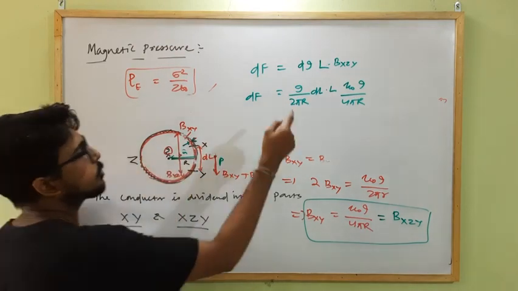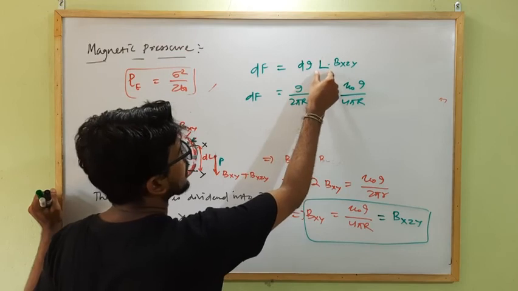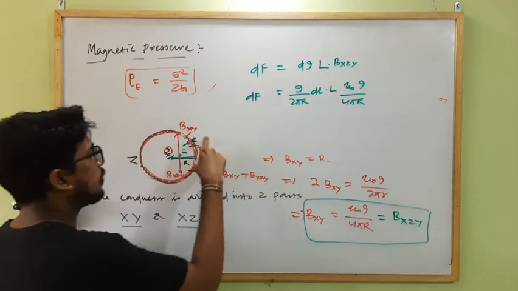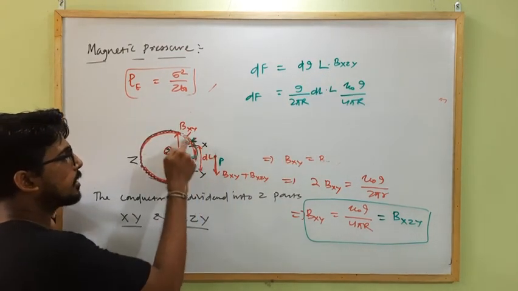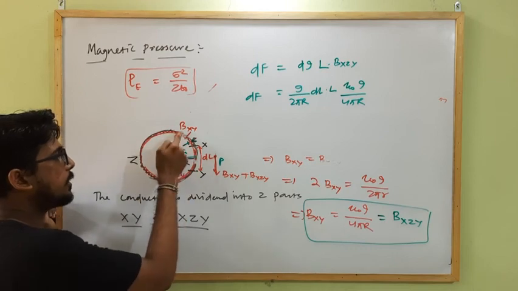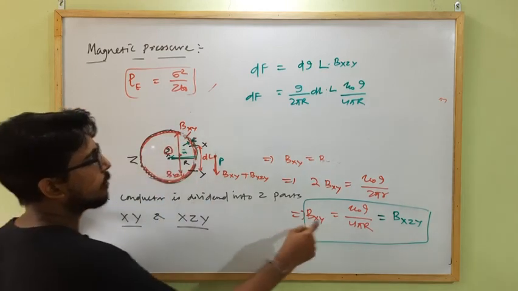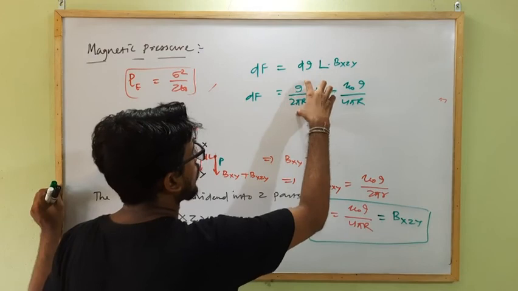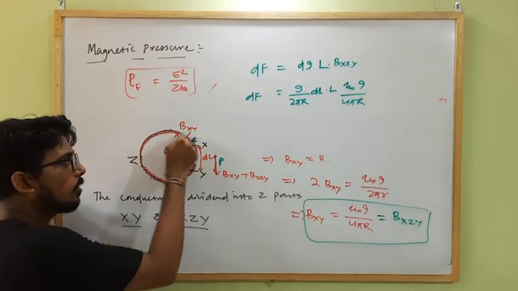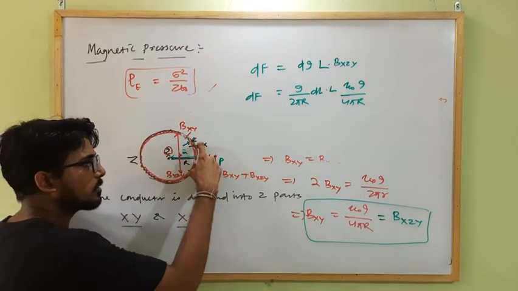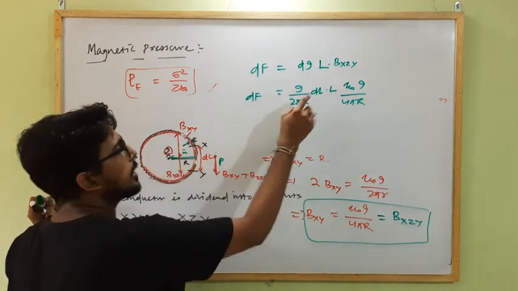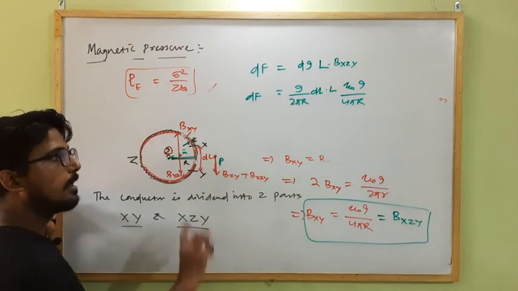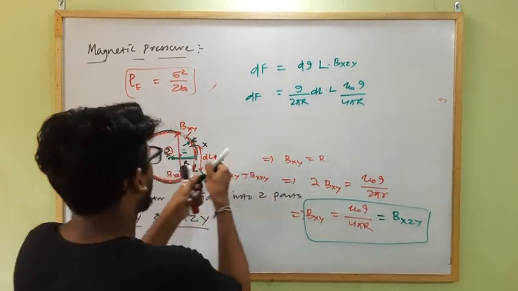So the force will be I times the length of the segment into the magnetic field within which it is present. So at this point the magnetic field due to the remaining portion, B of xzy, will be this much, into the current. Total current I is flowing all over the circumference. So for this much segment, what is the value of current? I by 2 pi r into dl. Clear? So here dl is the width and L is the length.